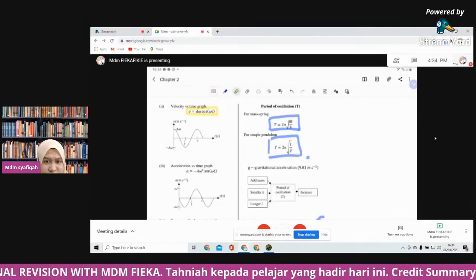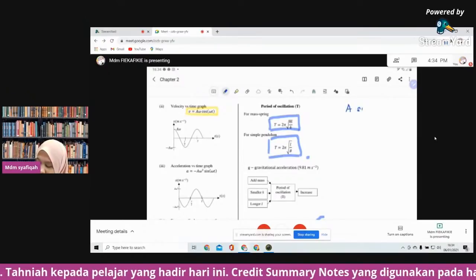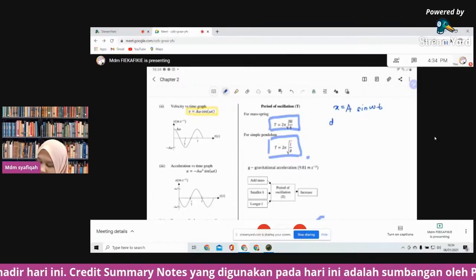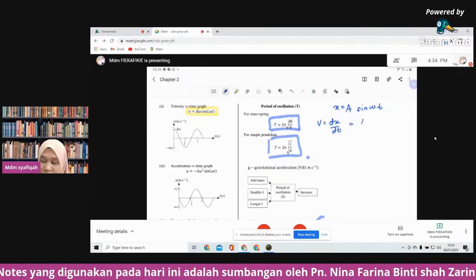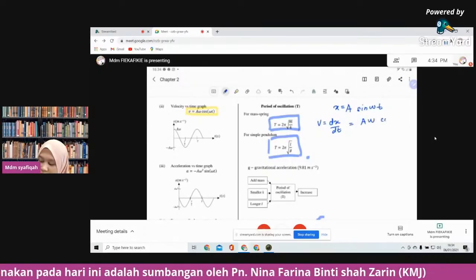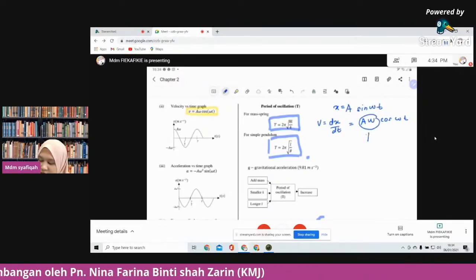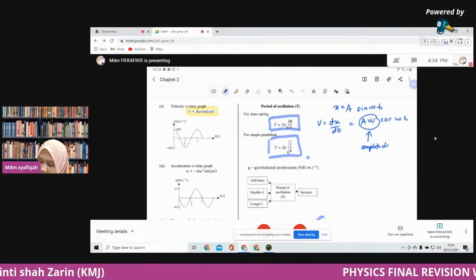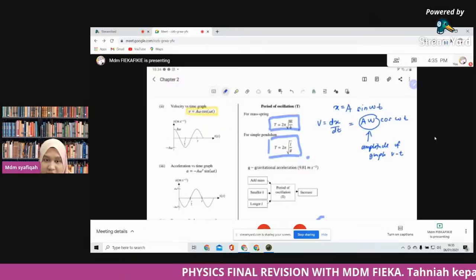Kenapa dapat cos pula? Okay, sebab kita differentiate. x equal to A sin omega T. V is equal to dx over dt. So, it's equal to A omega cos omega T. So, this is the amplitude of the graph. Amplitude of graph V against T.